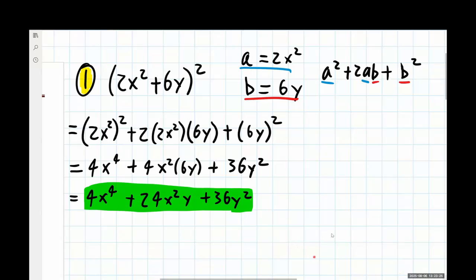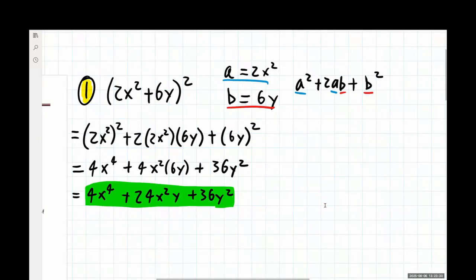Now again, it should be noted that while this is an option that you can use, you are fully allowed to write this thing out in expanded form, meaning you can write it out as 2x squared plus 6y times 2x squared plus 6y, and then do the distributive property this way to get to your answer.